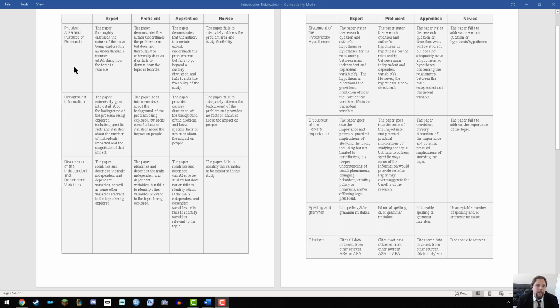And then, of course, with spelling and grammar, in general, I want papers to lack spelling and grammar mistakes, but I will take off points, even if there's just a couple. But if there's a lot of errors in the paper, it's going to affect the overall grade of that paper, absolutely. And I'm sure that is the way that most other professors would also deal with that situation, so I don't think I'm necessarily going off the reservation as far as that's concerned.